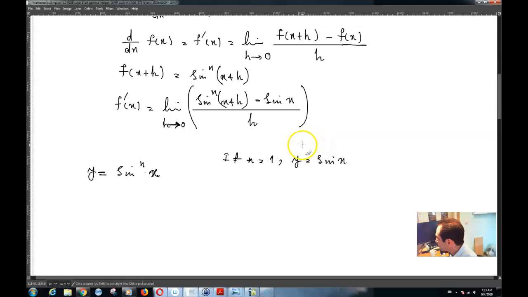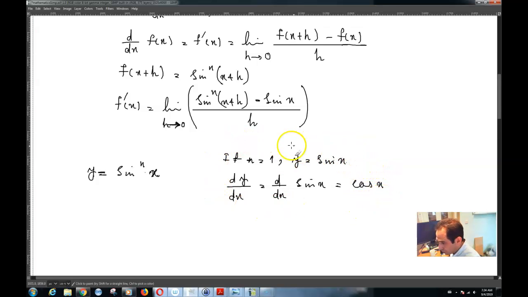Then dy by dx, which is d by dx of sine x, is equal to cos x. So that is for n is equal to 1.